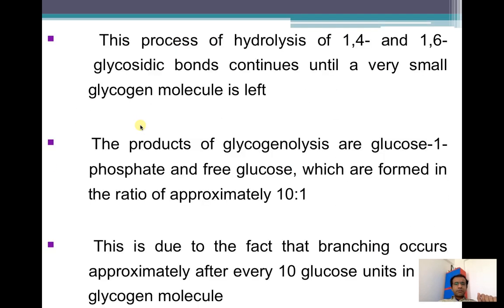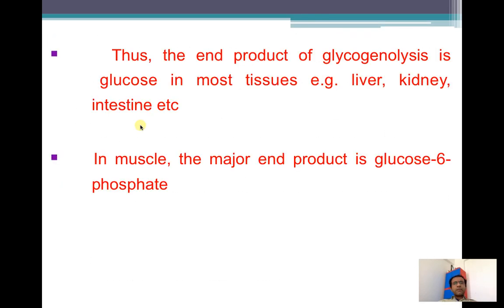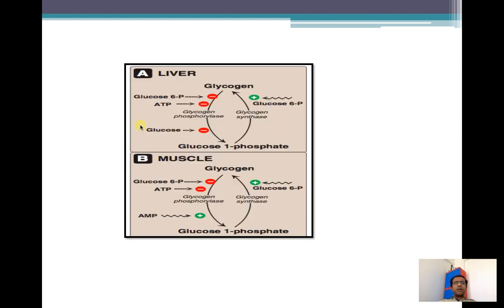Now coming to the regulation part. The activator of glycogen phosphorylase will be mainly AMP. The end product mostly will inhibit it. So if we have a sufficient amount of ATP or glucose 6-phosphate, then they will inhibit the glycogen phosphorylase, because if we have sufficient energy, then there is no need for production of glucose itself.